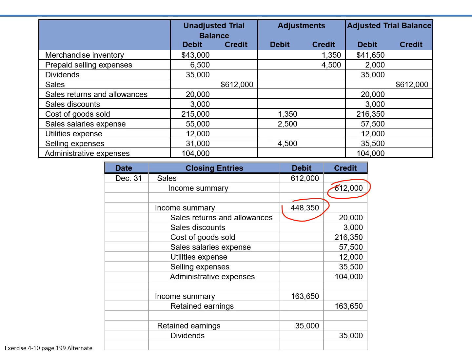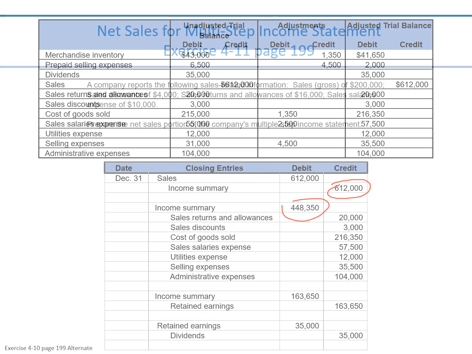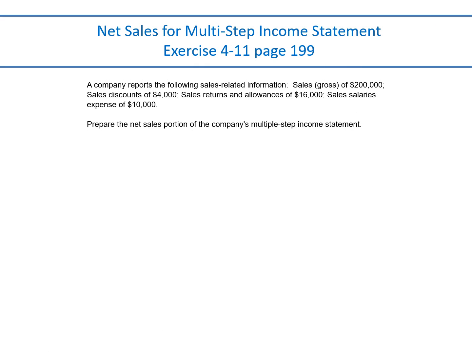All right, so net sales for a multi-step income statement. A company reports the following sales-related transactions. Gross sales of 200,000, discounts of 4, sales returns and allowances of 16, and sales salary expenses of 10.